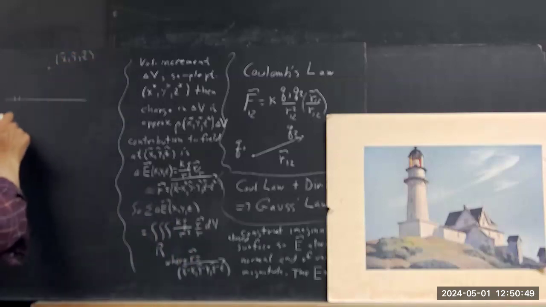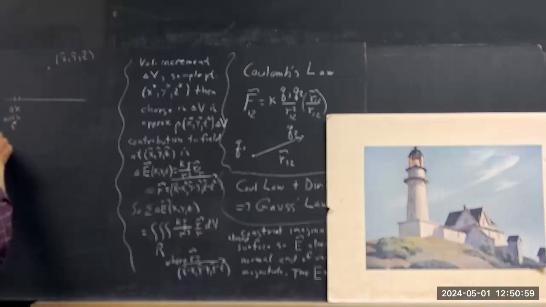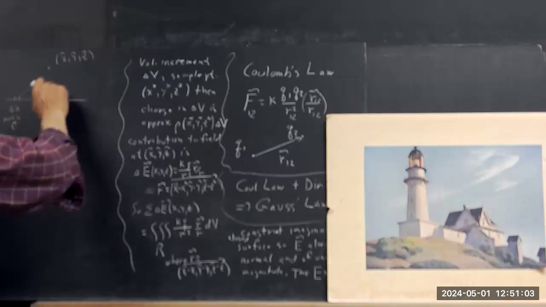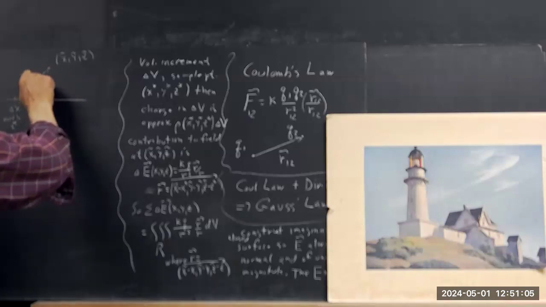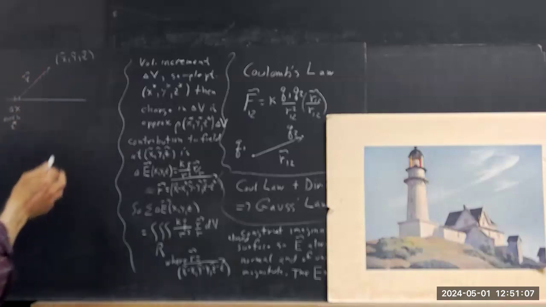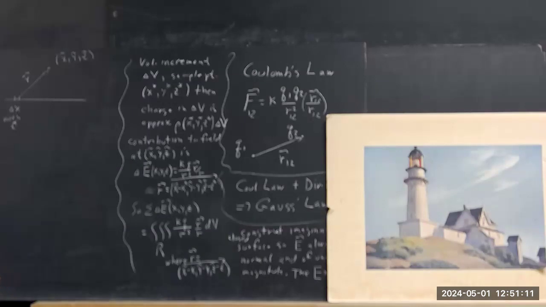Take a typical increment, I'm abbreviating a delta x with sample point x star. We have our r vector, and we set up the integral, do the integral.